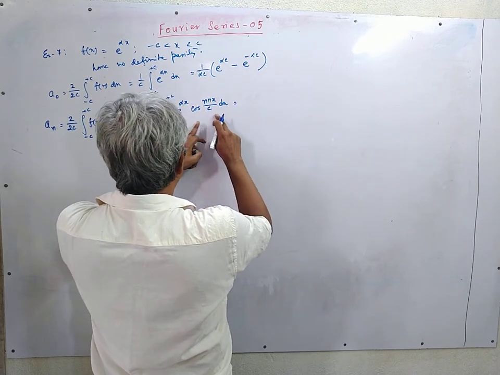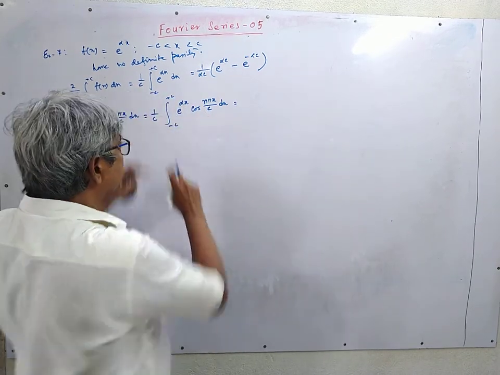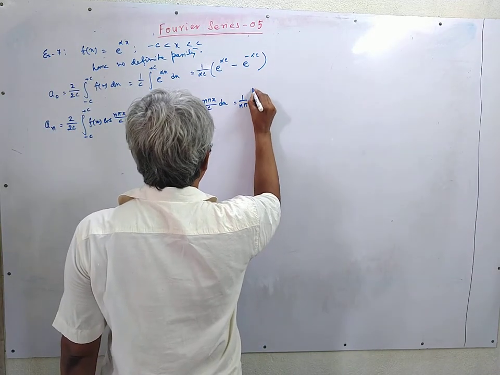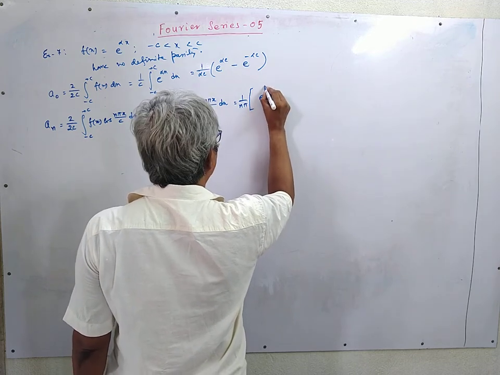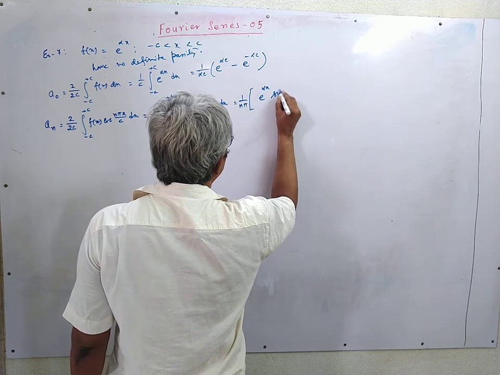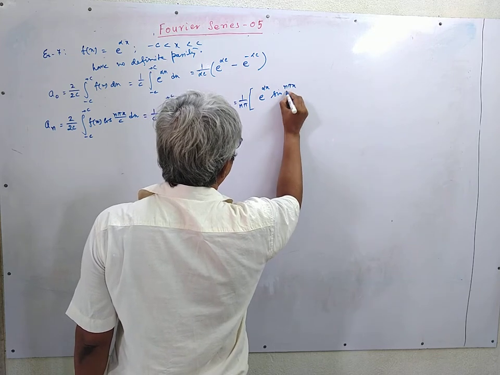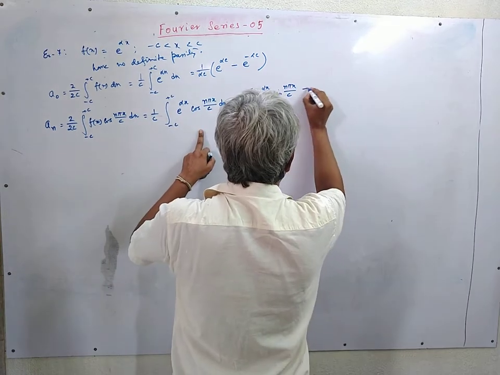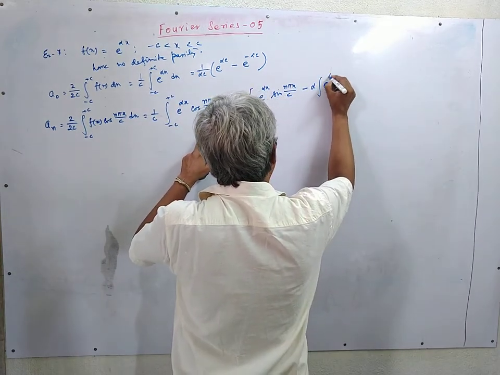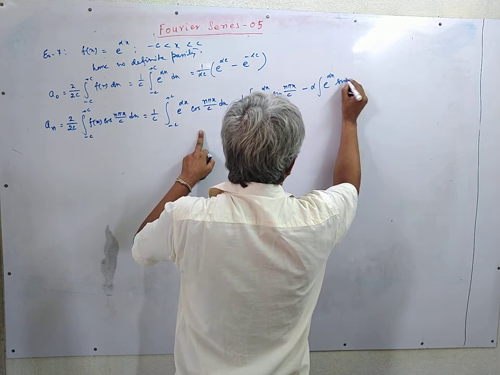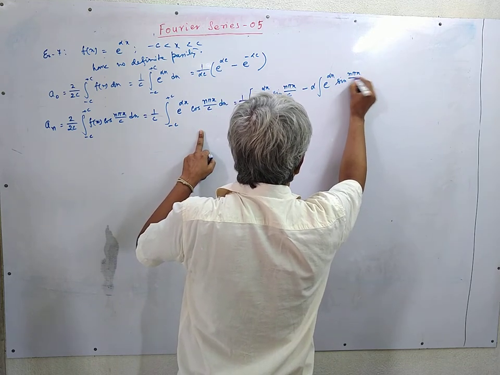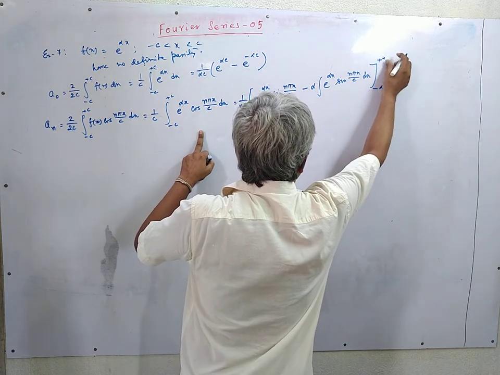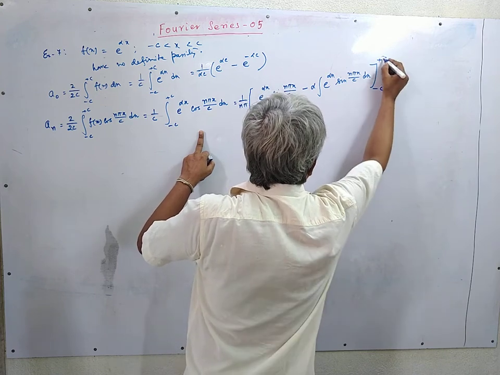So first the factor that will come out is c upon n pi. So this is 1 upon n pi, and then we will have e to the power alpha x sine of n pi x by c, and then minus alpha e to the power alpha x sine of n pi x by c dx. All quantities are within the limits from minus c to plus c.